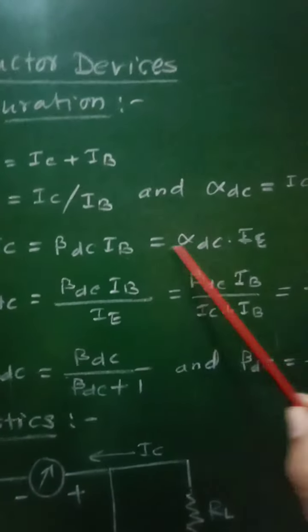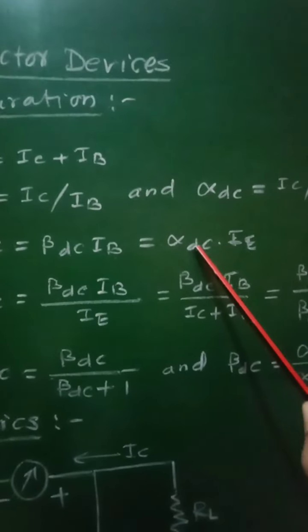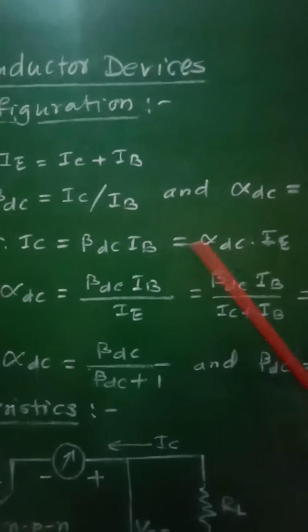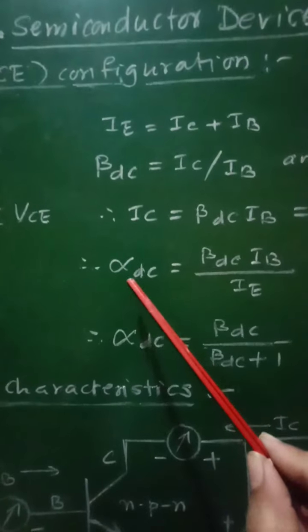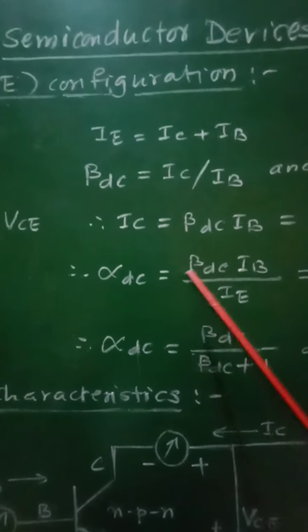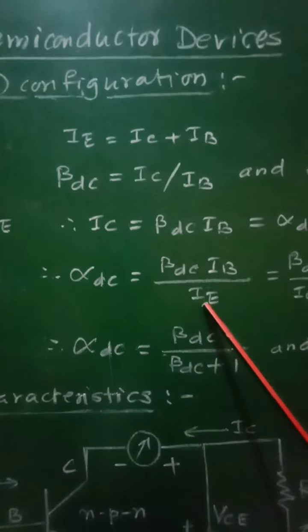So from this relation we can write alpha DC equal to beta DC IB upon IE.